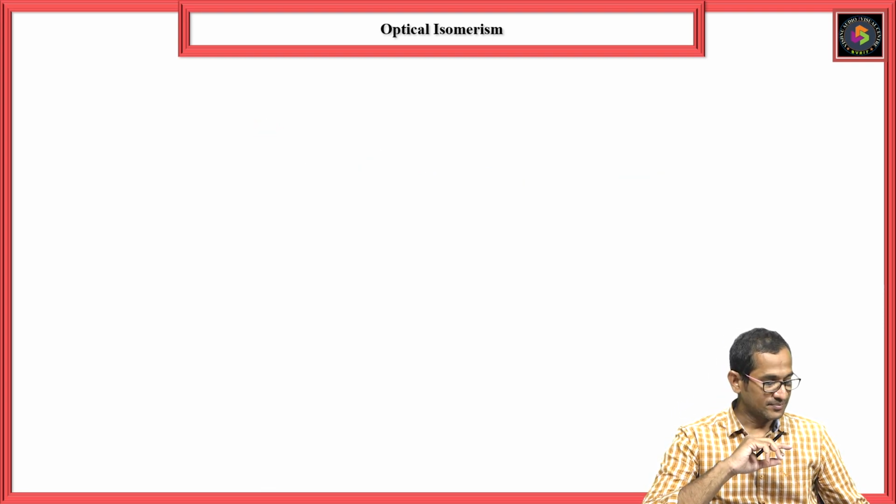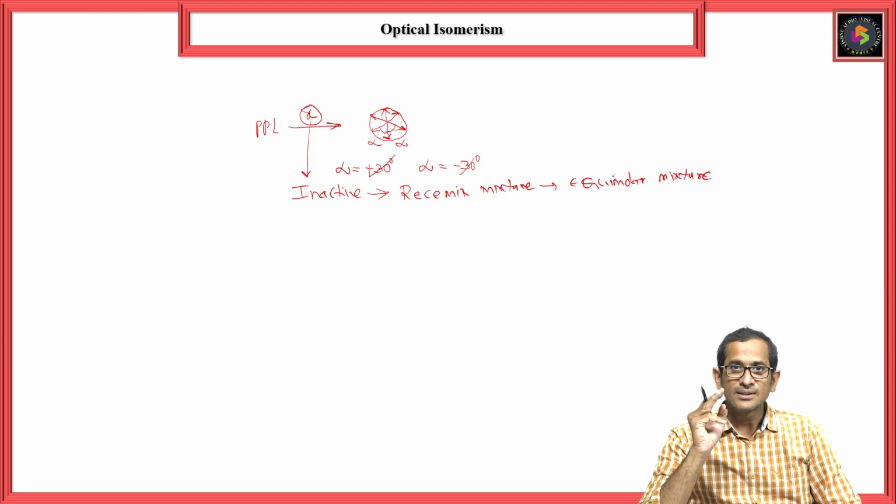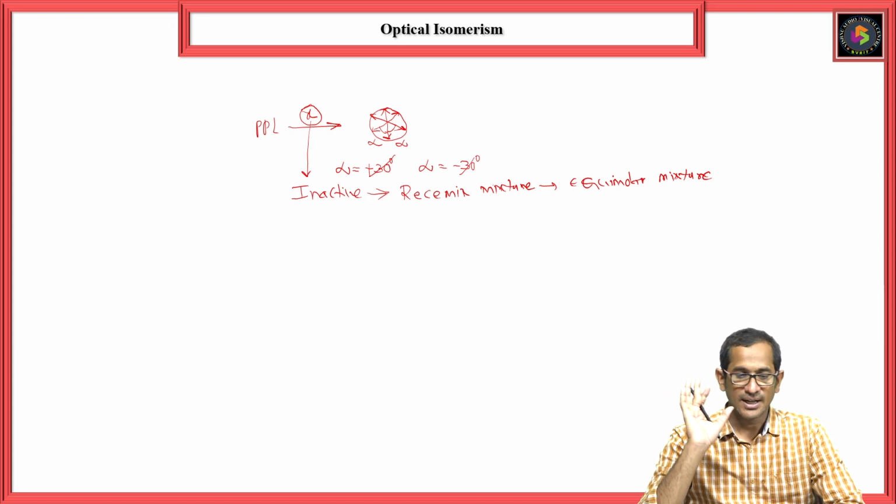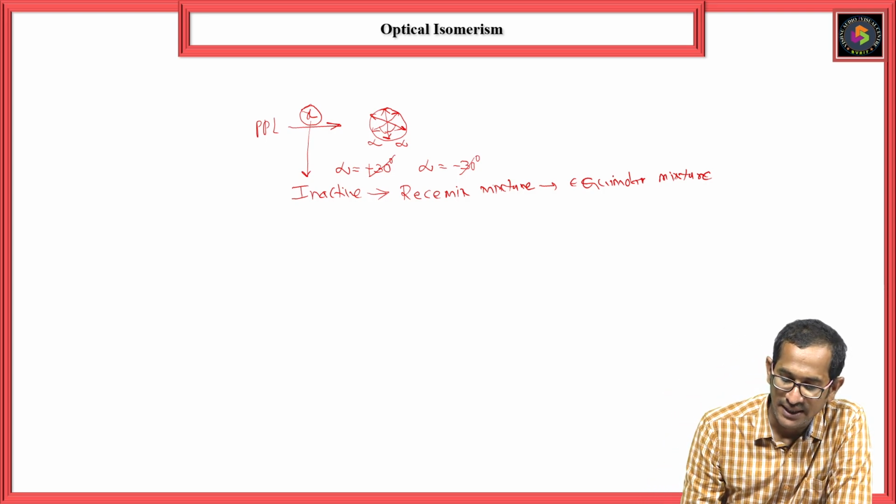And the third one is an equimolar mixture of the isomers. That is, the compound will rotate the plane polarized light in both directions with the same magnitude but with opposite direction, right? So that is optically inactive.